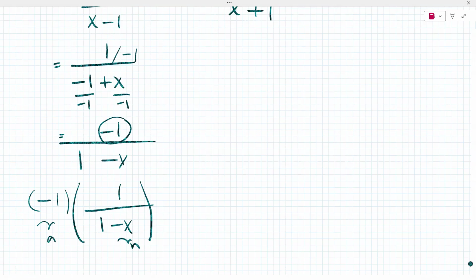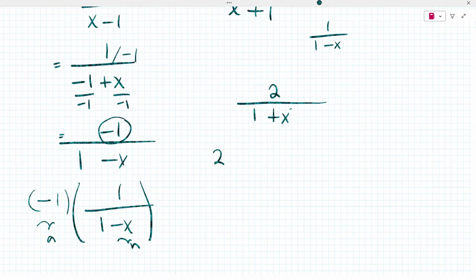Now let's do the other term. So the other term is 2 over 1 plus x. And we somehow have to make it look like 1 over 1 minus x. So first thing I should do is maybe factor out this 2.